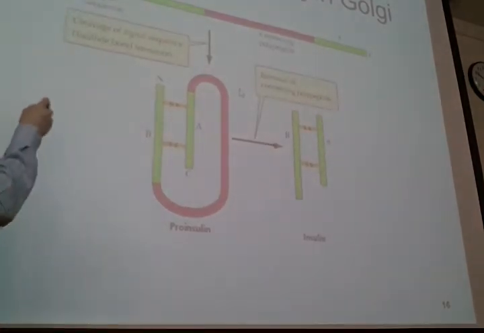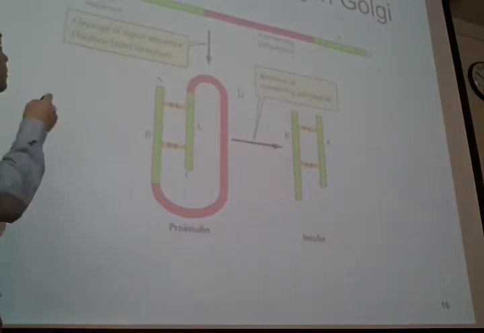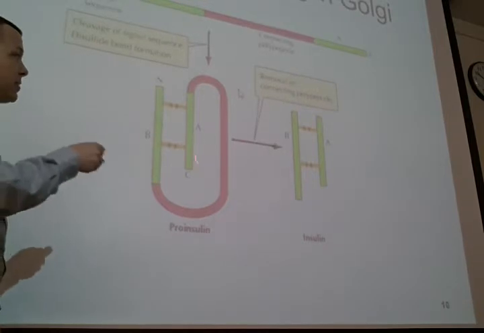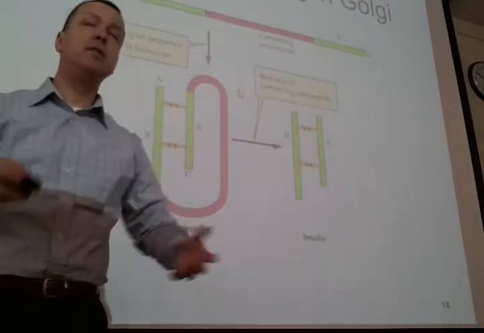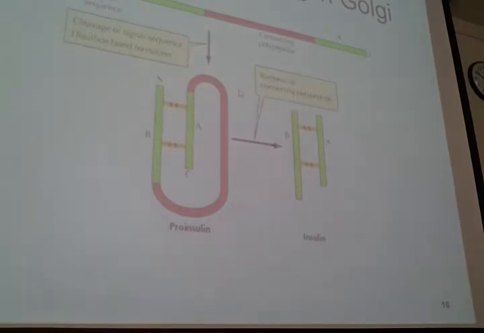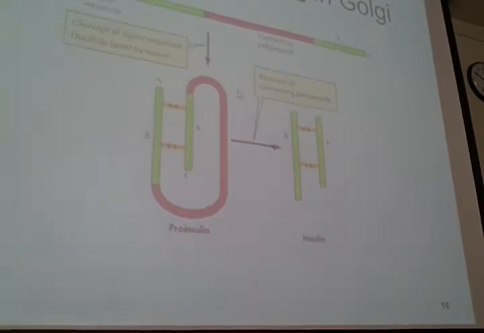When you remove the blue piece, pre-proinsulin becomes proinsulin, and when you remove the red piece, it becomes insulin, which actually does what it's supposed to do, which is to signal other cells that you've just eaten a candy bar, there's going to be a flood of sugar coming their way, and they should absorb that and use that.